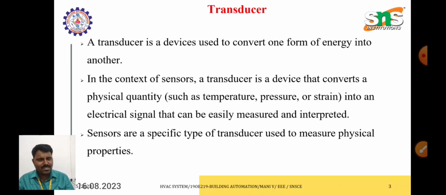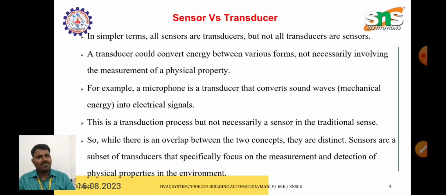But a transducer is generally used to convert the energy from one form into another form. Okay, that is nothing but a transducer. So what is the difference between the sensor and transducer? In simple terms, we will call it measure node.